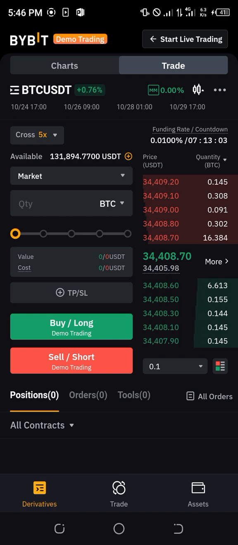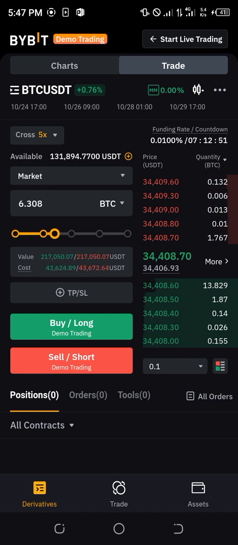So what you're going to ensure is that whatever trade you're opening, you use your stop loss and your leverage to adjust the position, where we have value and cost. The cost is going to be the amount you want to risk.